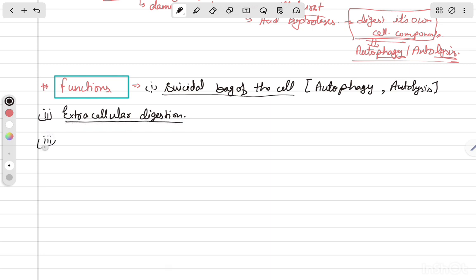Next function of lysosome: this autophagy or autolysis is termed as intracellular digestion, digestion of components within the cell. Digestion of components outside the cell is extracellular digestion.